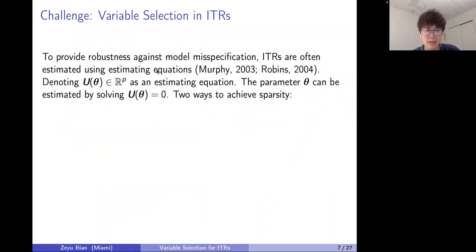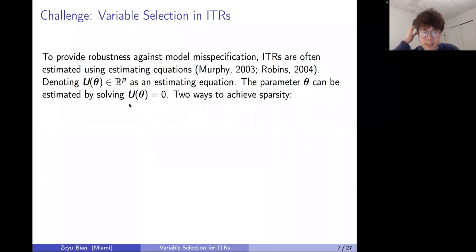So to provide robustness against model misspecification, ITRs are often estimated using estimating equations or estimating functions. So now we denote U(theta), which is a p-dimensional vector, as an estimating equation. The parameter theta can be estimated by solving this equation.